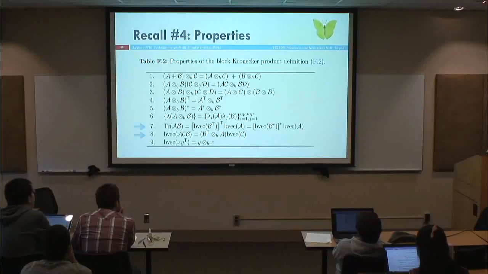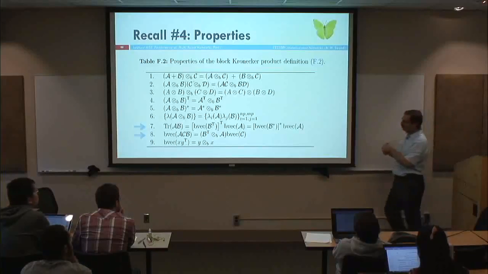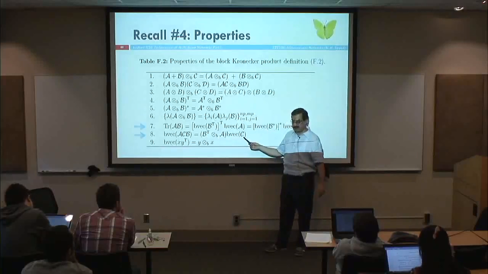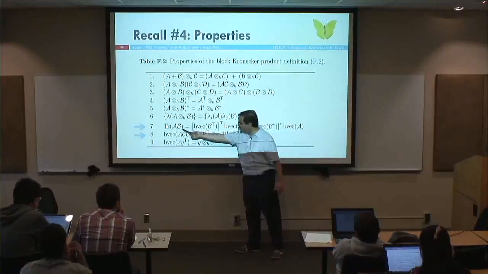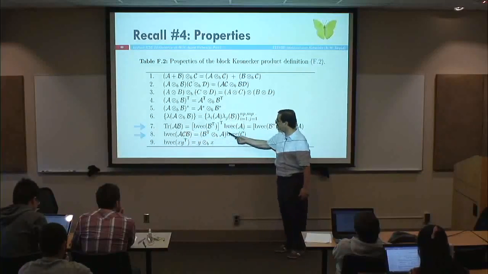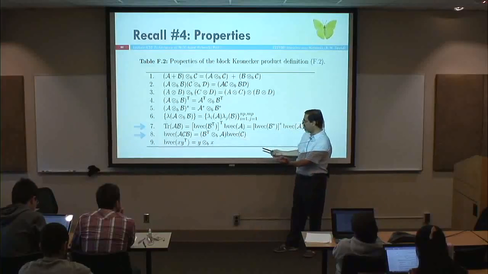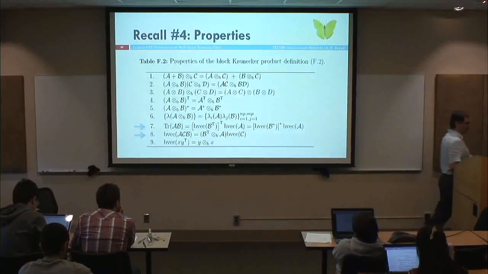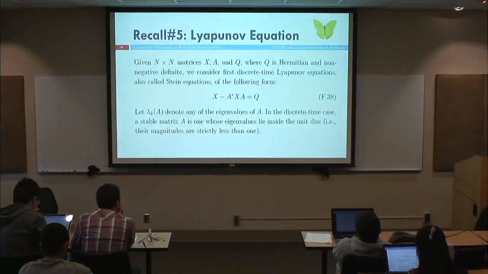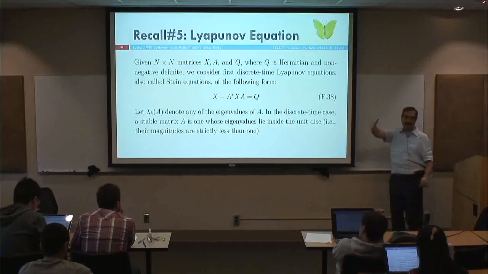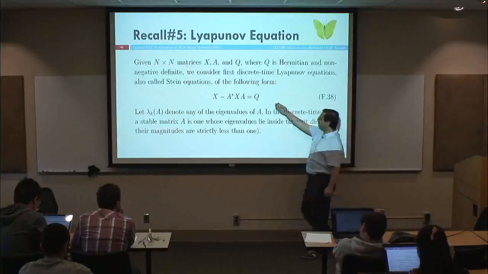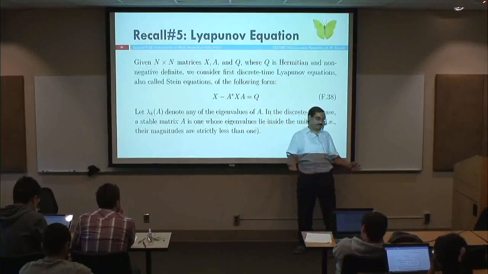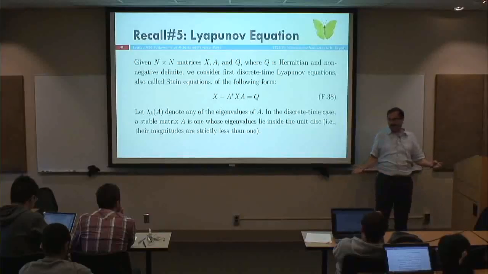Before I get into that, I'm just reminding you of these properties. The bvec of a product of three, I already used it. And what I mentioned before, the trace of a product, you can write it as the inner product between two bvecs: bvec of B, bvec of A. And I'm reminding you of Lyapunov equations. I already mentioned that. This is a general form of a Lyapunov equation, which is actually a linear system of equations.